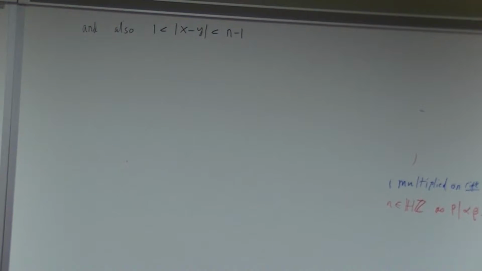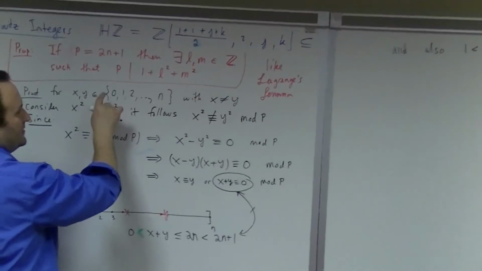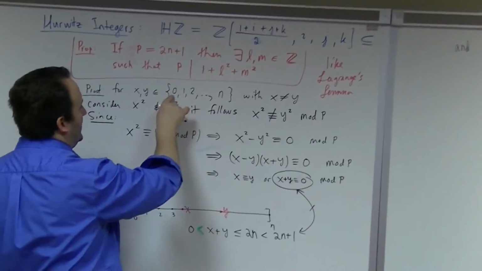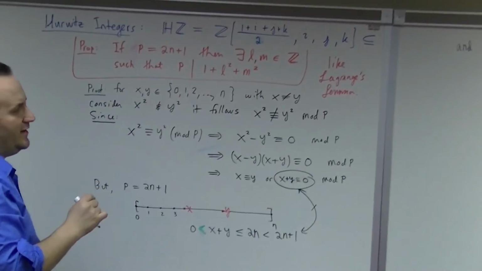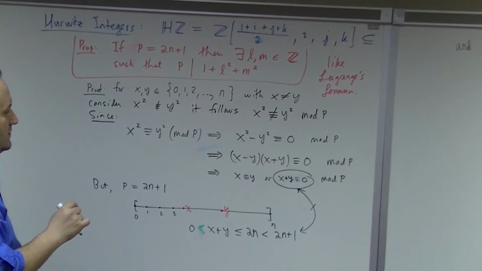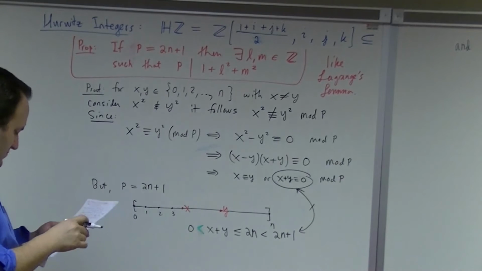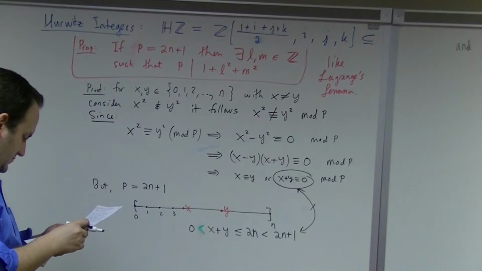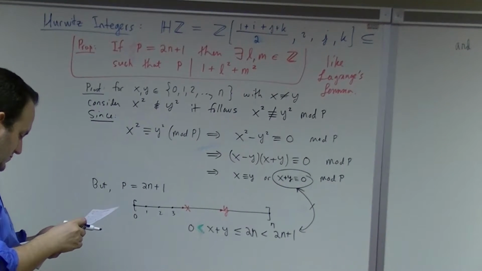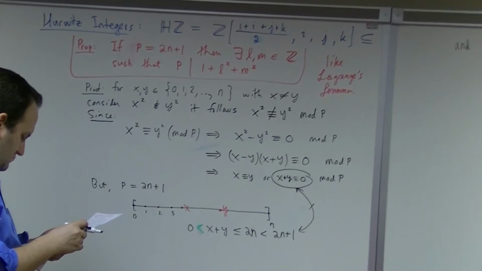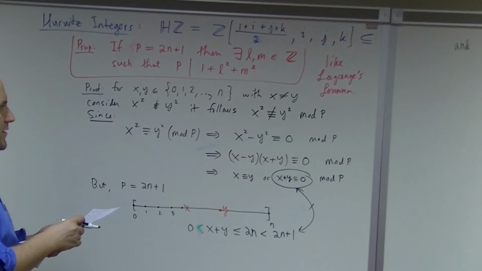Why is that? Because if I had x equal to n and y equal to 0, I have x minus y is n. It should be equal to 1, too. Oh, I don't believe that argument.